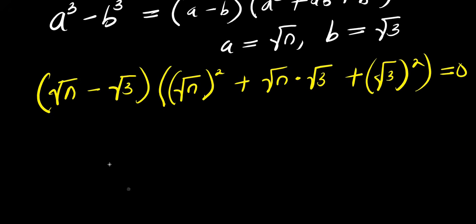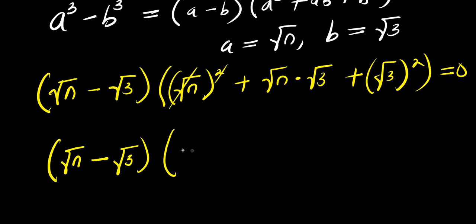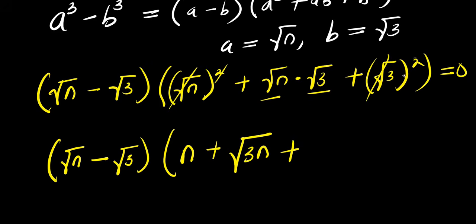So from here, you have square root of n minus square root of 3. Then this cancels this, we have n plus square root of n times square root of 3 is the square root of 3n, plus this cancels this, we have 3, and this equals 0.